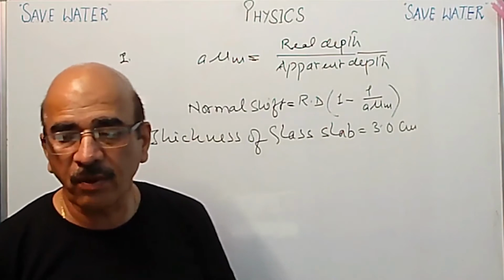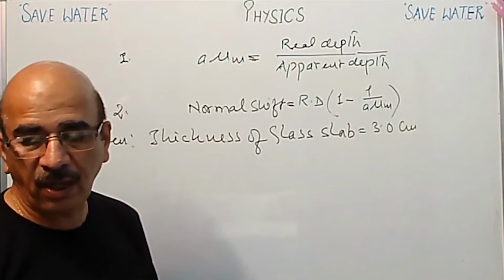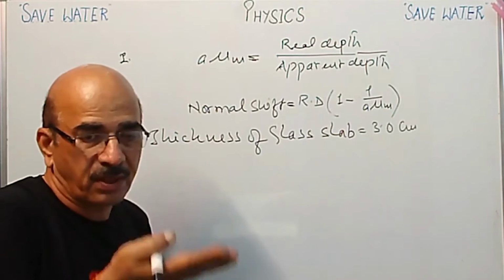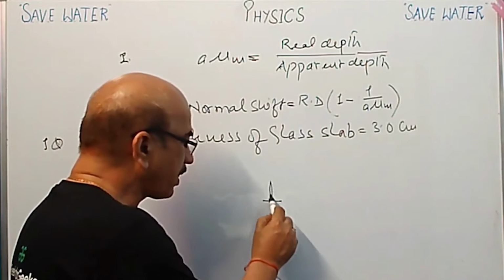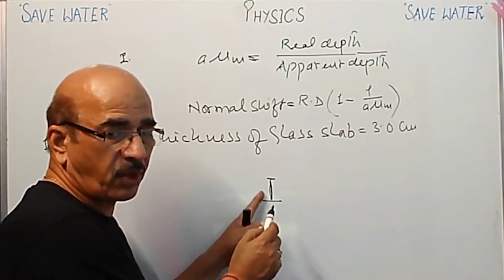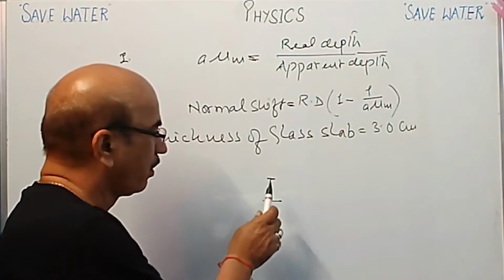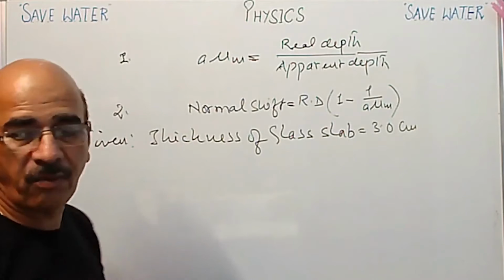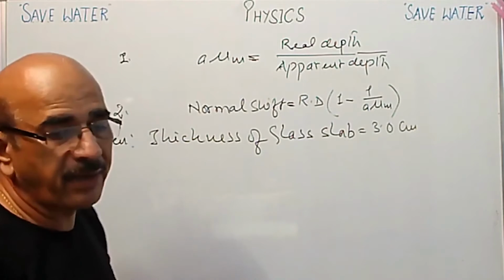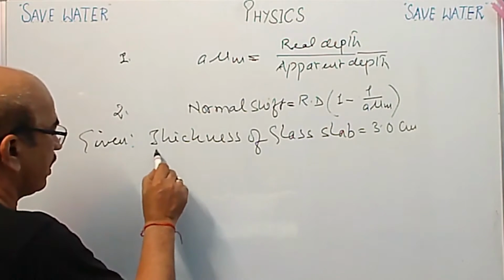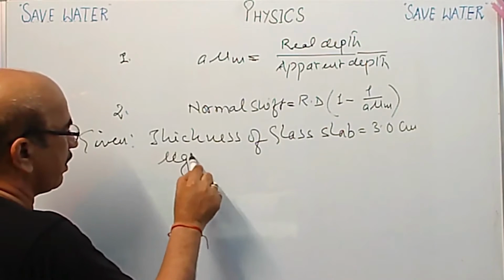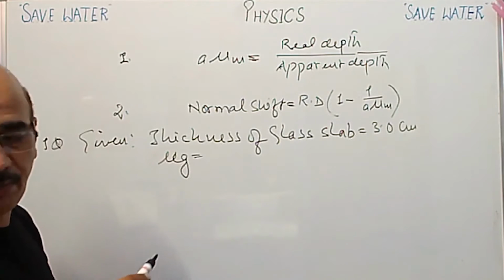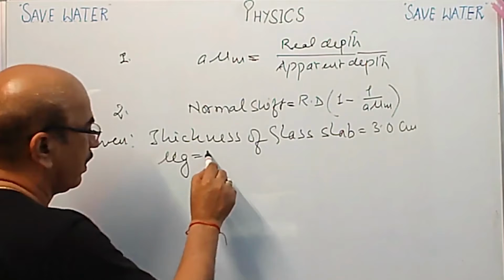You have to find out the height through which the image appears raised. If the object is here, how much does it appear raised from the bottom? This we have to find out. The refractive index of glass, mu g, is given, and this is 1.54.